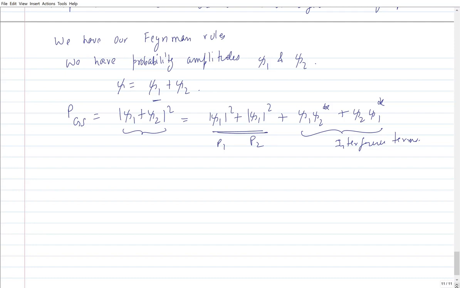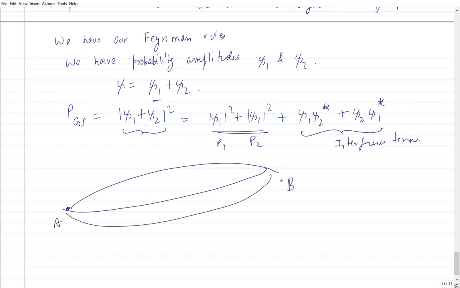And in general, let's say from a point A to a point B, I have multiple paths. Well, I'll associate a probability amplitude, or a complex number, with each of these paths.